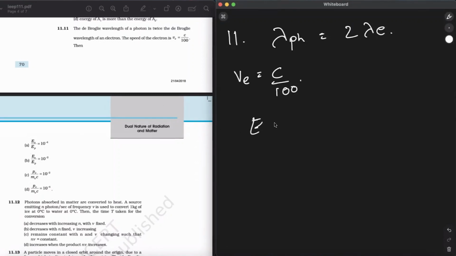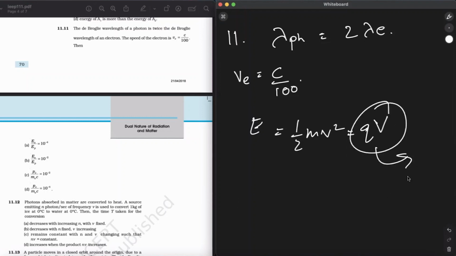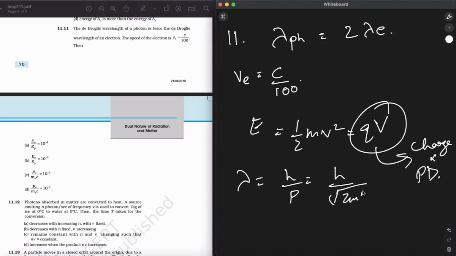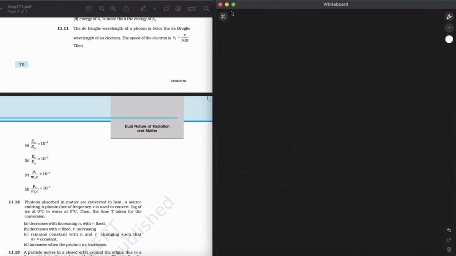The energy I can write as half times mv square, which is also equal to q times V, where V is the potential difference and q is the charge. Now the de Broglie wavelength lambda is h upon p, which is h upon under root of 2mE, which is h upon under root of 2mqV.